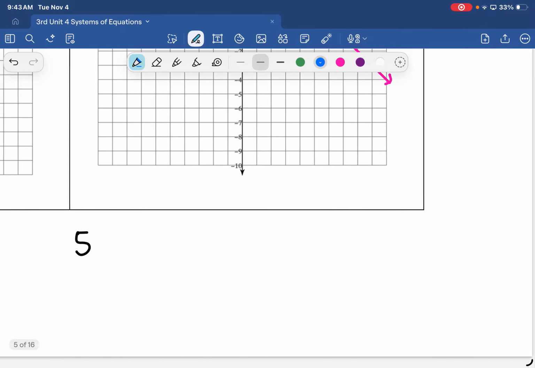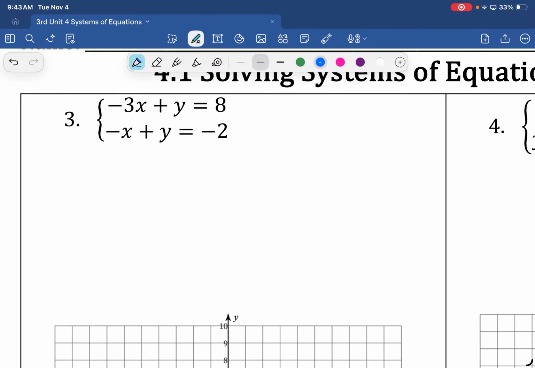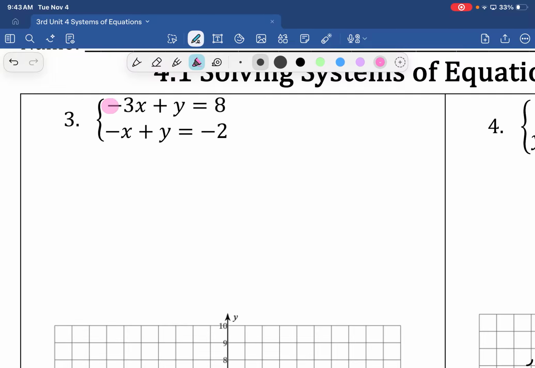So question 3. Is this first equation in slope-intercept form? No. So we have to first put it into slope-intercept form. To put any equation into slope-intercept form, what do we need to solve for? We're going to solve for y, okay?